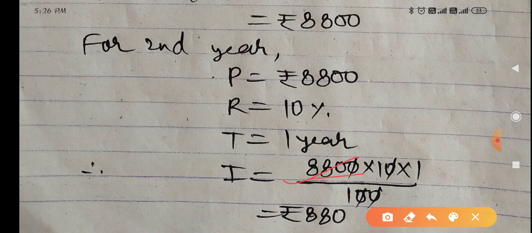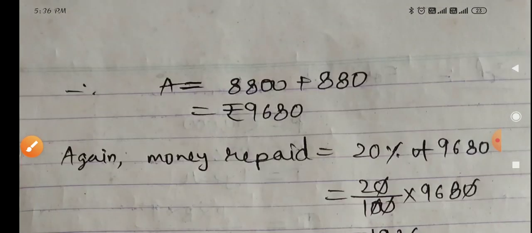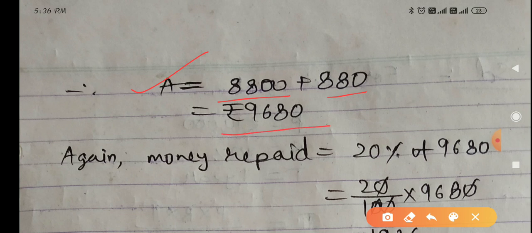After simplifying, rupees 880. This is the interest of second year. Amount at the end of second year is 8,800 plus 880, 9,680.